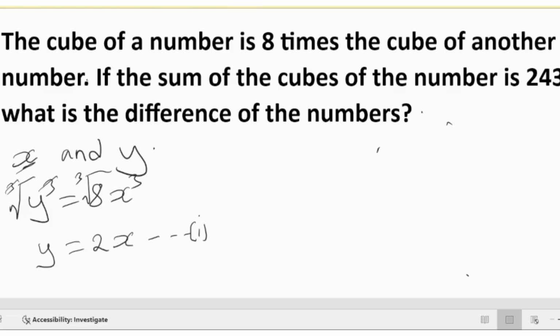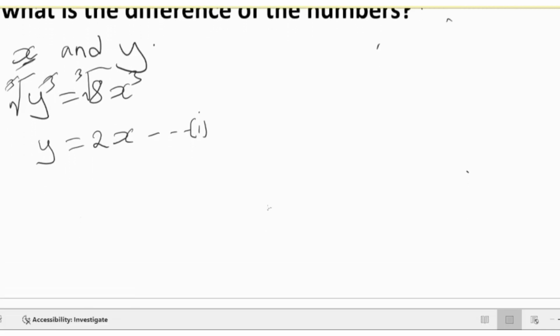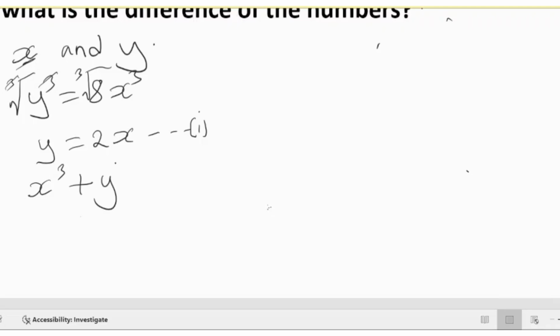So we can say if we add the two numbers, that is x cubed plus y cubed, it will be equal to 243. And therefore, this becomes our second equation.